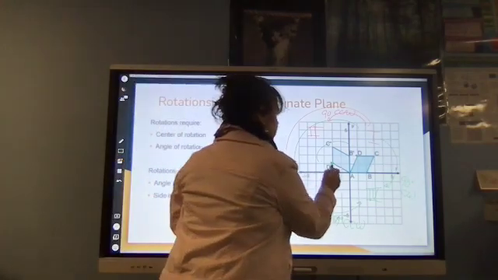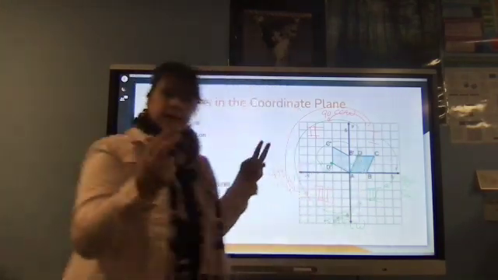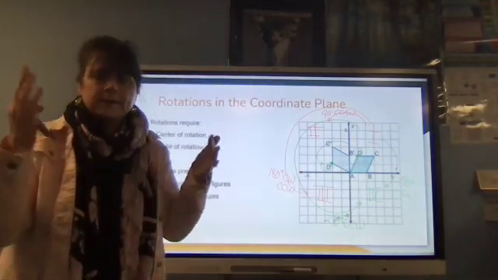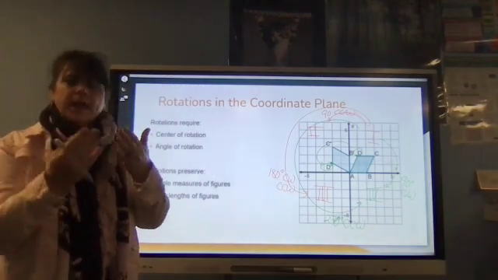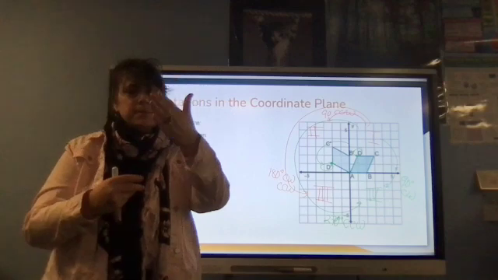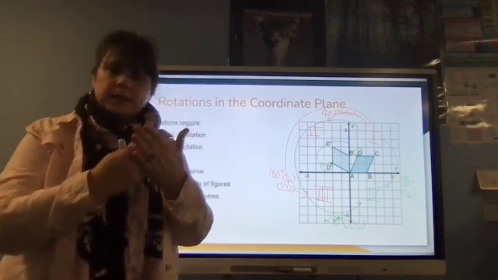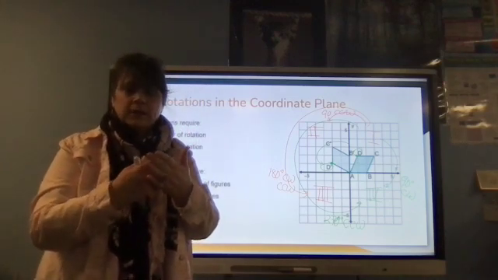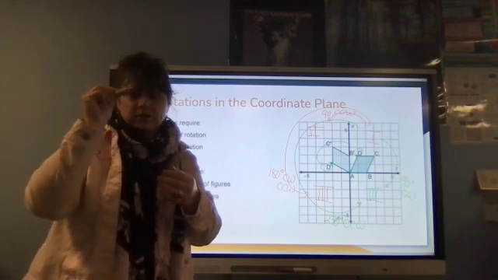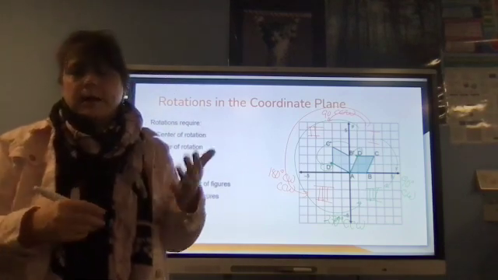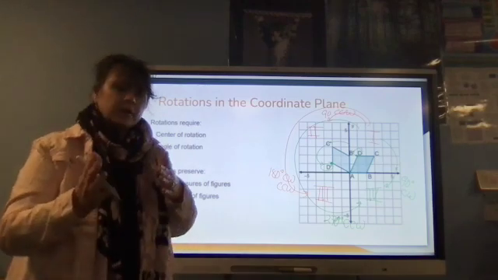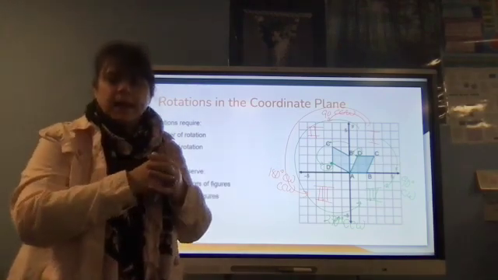So our D and our D prime, those are matched together. Same with our A and our A prime, our B and our B prime. So those all match together, and the A, B, C, and D are the original image, or what we call the pre-image. And if it has the prime, which looks like an apostrophe, that's called A prime, B prime. Those are the image that it's creating after it rotates.